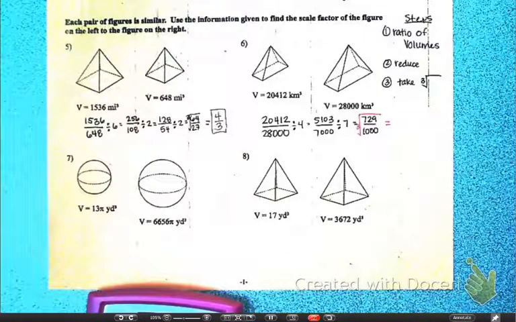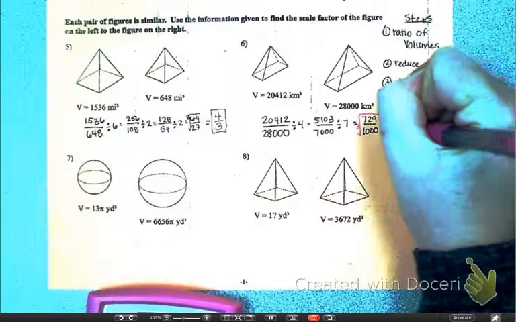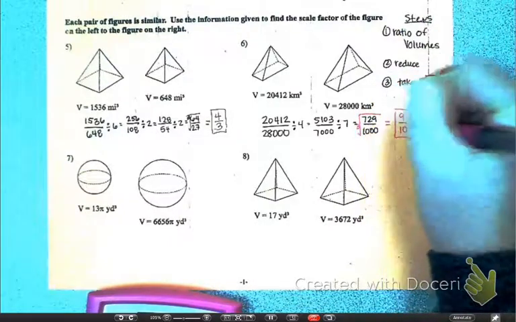What did we get? 9 over 10. 9 over 10. Good. So my scale factor is 9/10.